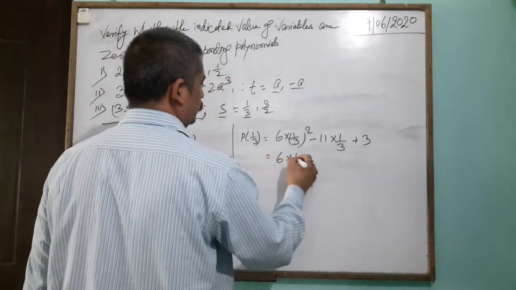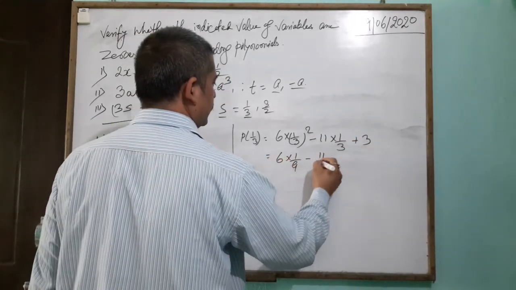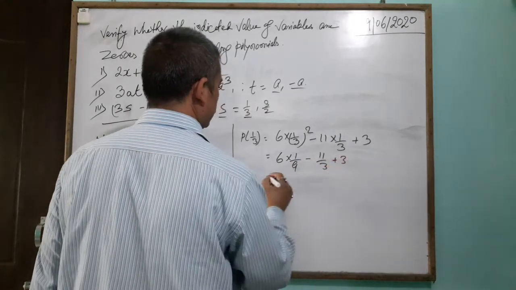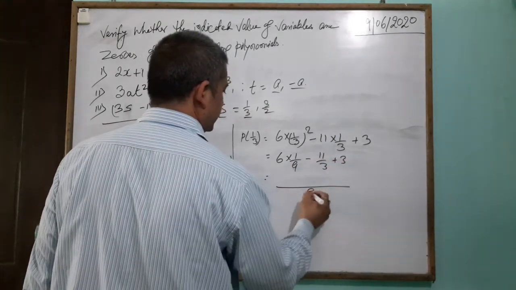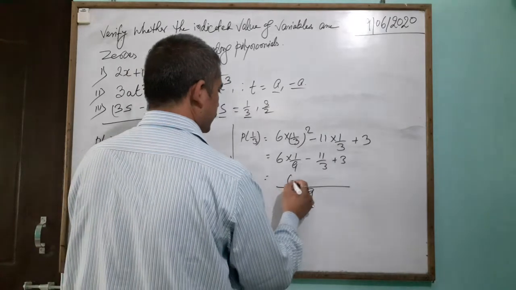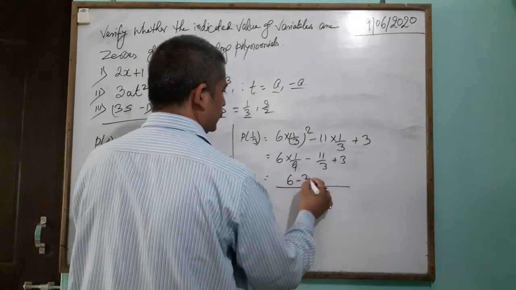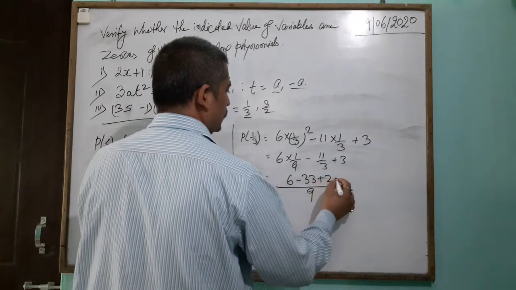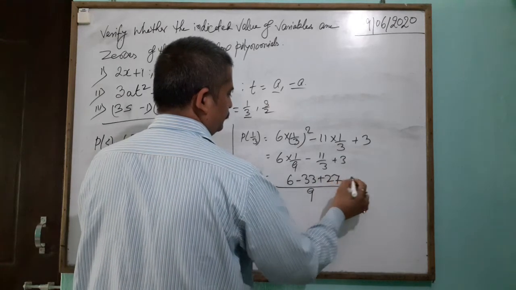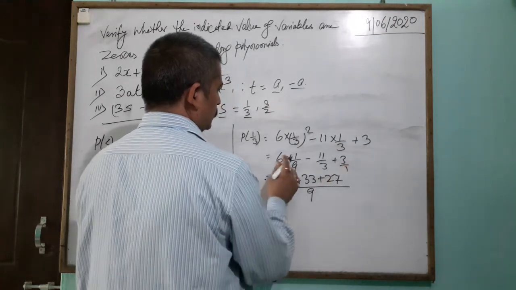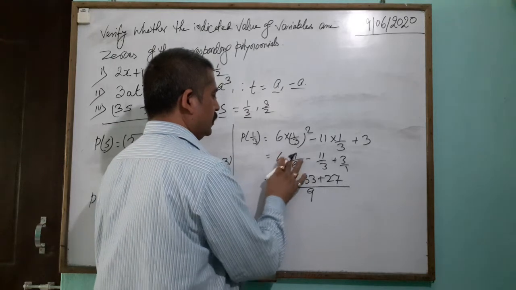So 6 into 1 by 9 minus 11 by 3 plus 3. We get the LCM as 9. So 6 minus 33 plus 27, because you just multiply that here.